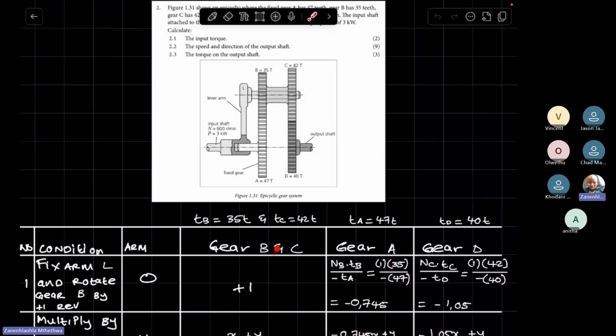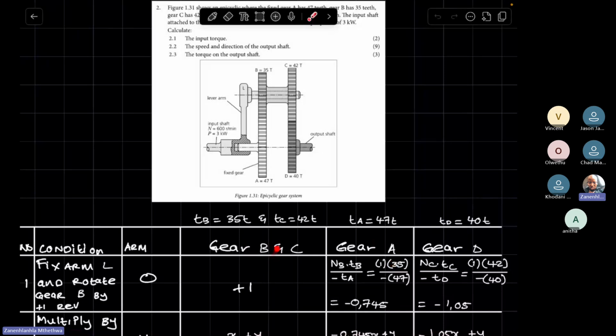All right. So the first thing you establish is the relationship between the two gears, which is that the circumferential velocities are the same. Next, you establish the direction of rotation. We already know that gear B is rotating clockwise, as per the first condition. The annulus has been rotated by 1 revolution clockwise.